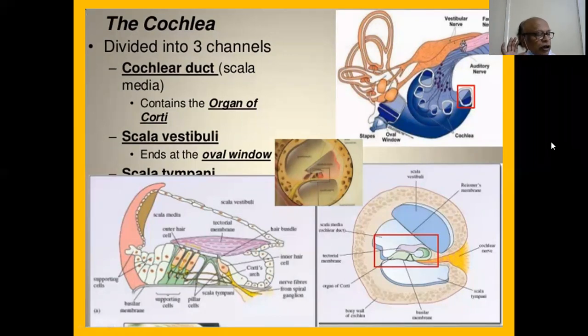If you dissect the internal auditory canal from behind through the mastoid process, we can see the superior vestibular nerve first, and below that the inferior vestibular nerve, and anterior to it the facial nerve, and below it the cochlear nerve.